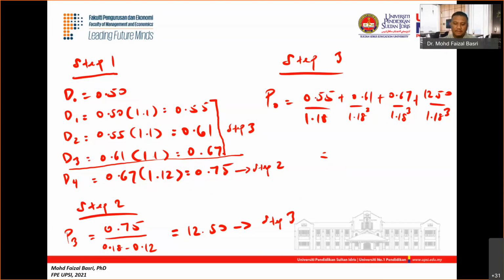So 55 cents plus 61 cents over 1.18 to the power of 2, 67 over 1.18 to the power of 3, plus 12.50 over 1.18 to the power of 3. So here, you're going to get 8 ringgit and 92 cents. So this is the intrinsic value based on this question.